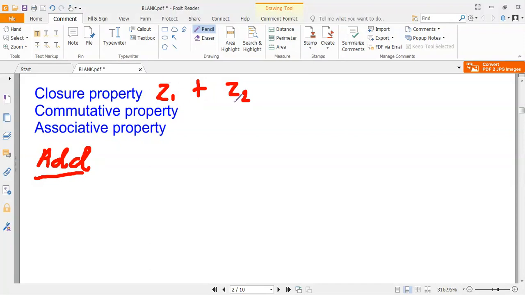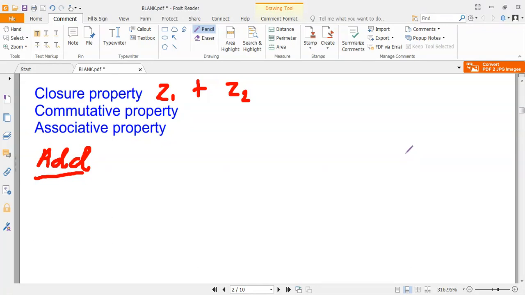Now, what is special about z1 and z2? The special thing about z1 and z2, especially when we are talking about complex numbers, is that z1 and z2 are complex numbers. As we just mentioned right over here, if a and b belong to a particular set of numbers, then a dot b, the final result of the operation, also needs to belong to the same set.